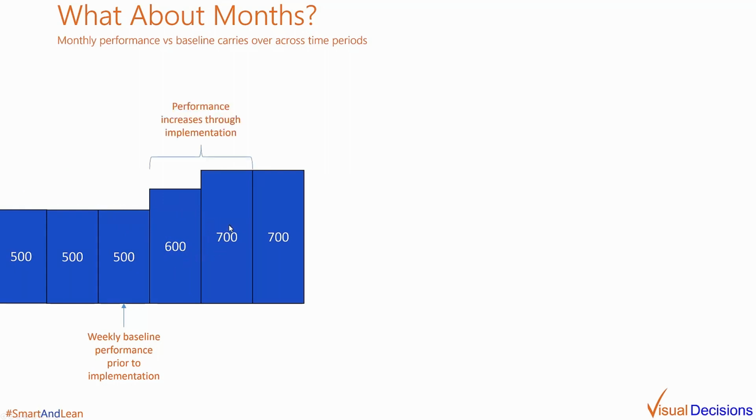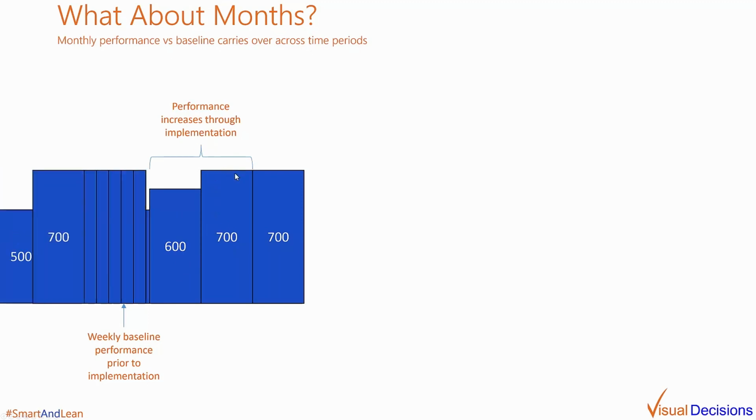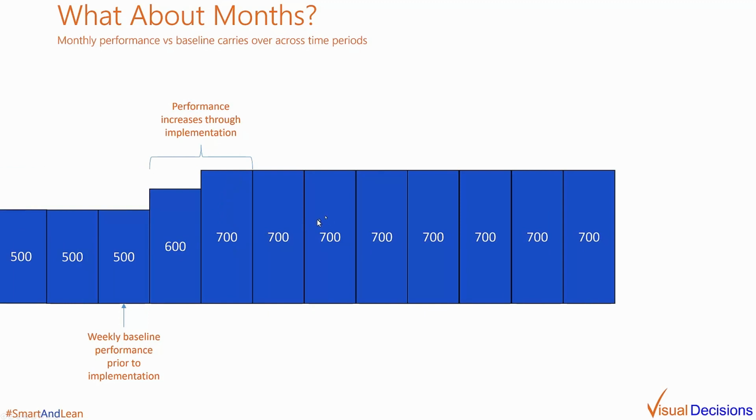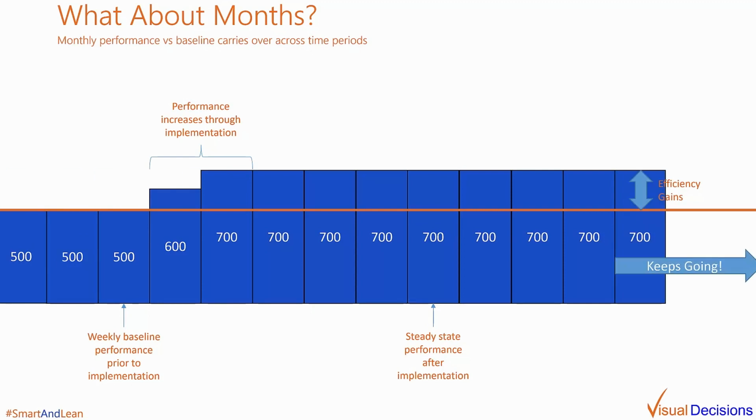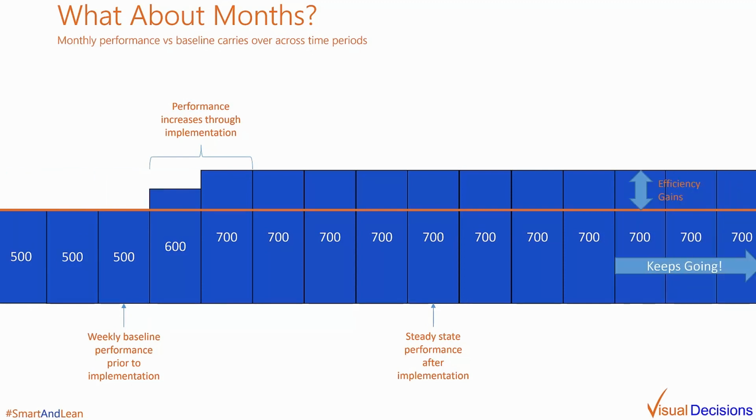So again, a 40% gain, and that performance carries through the implementation. So now in months 5, 6, 7, 8, 9, 10, etc., we still see that performance gain from our original baseline to our new baseline performance. And that again keeps going, so additional months.